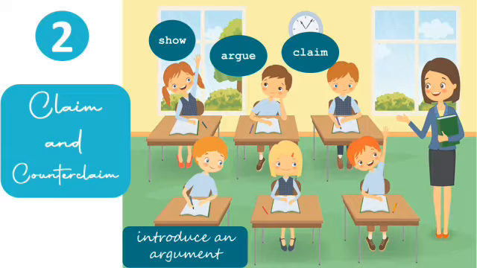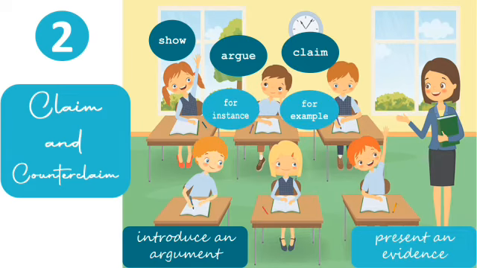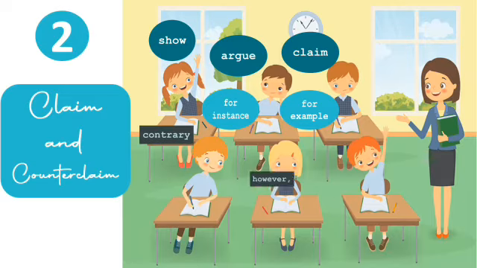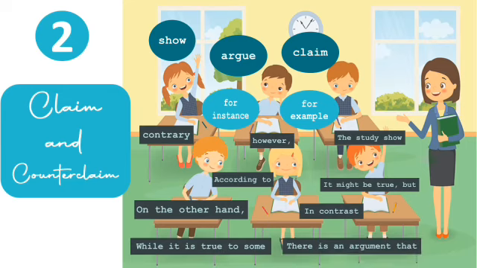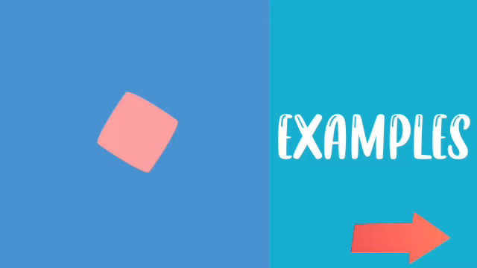A writer may also use evidence to support their claim using connectors such as for instance or for example. These are the other grammatical expressions used for counterclaims. And there are still lots of signal words that belong in this category which are not mentioned here. Read and analyze the two examples.